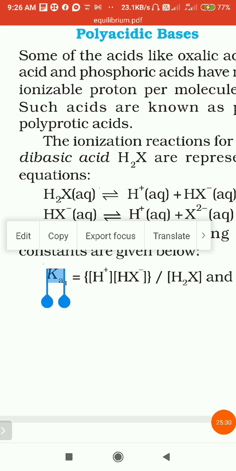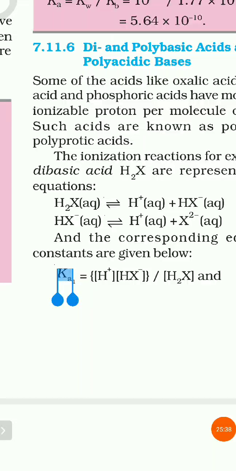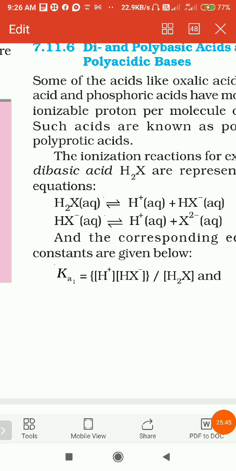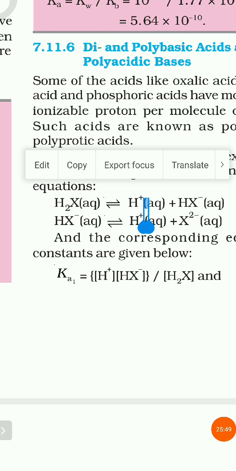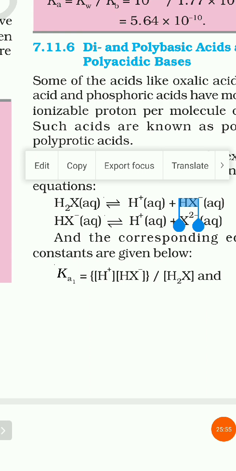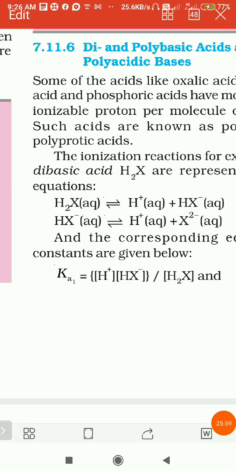So the dissociation constant for an acid, how do we write it? The equilibrium constant is the concentration of products divided by the concentration of reactants. For the first equation, Ka1 is the concentration of H plus times the concentration of HX minus, divided by the concentration of H2X.